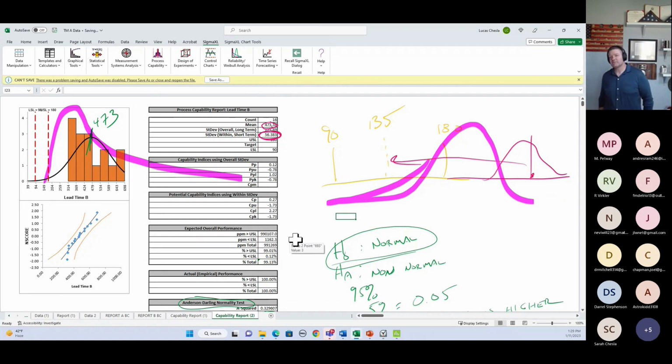But now the hard part, or the easier part once you get it down, is to say, what in the world does that 56 mean? Well, it means something in relation to these specification limits, because I want this number so small that I can fit 6 standard deviations above the mean and 6 standard deviations below the mean, all within those spec limits.